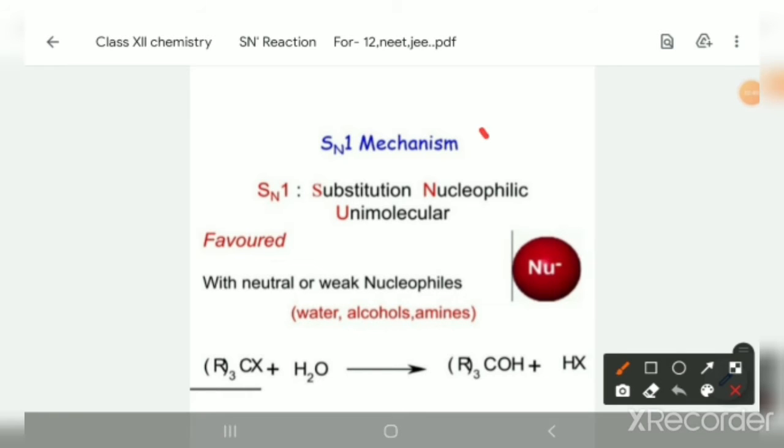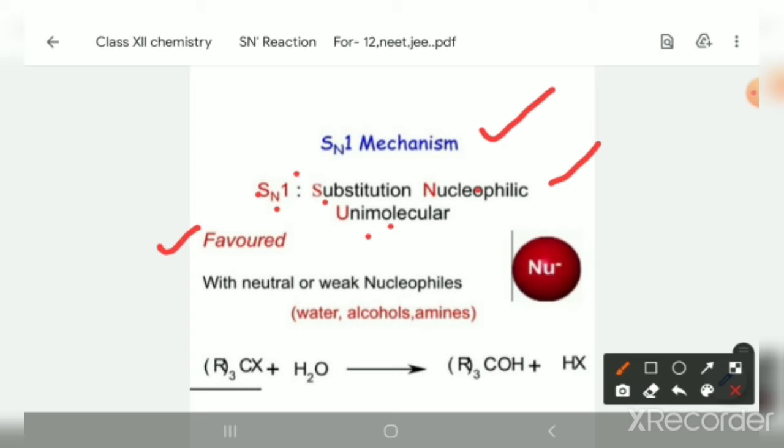See here, SN1 mechanism. Here the full form is given: substitution, nucleophilic, unimolecular. Substitution means S, nucleophilic means N, unimolecular means first order of the reaction. And now see the conditions.